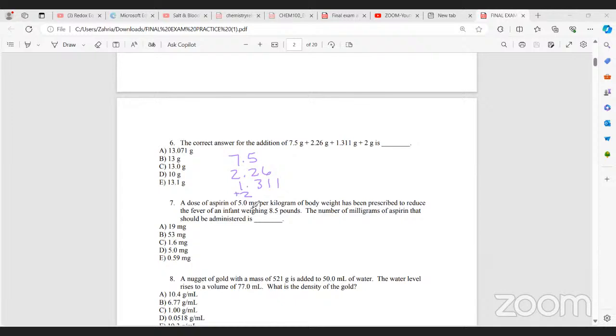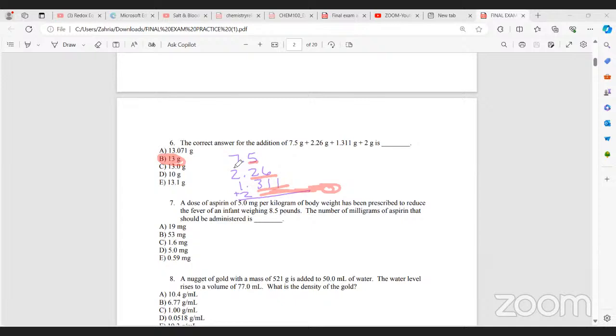Now, if you're adding all those numbers together, what you have to remember is that the significant digit rule says that when you're adding and subtracting, you always go with the least amount of digits after the decimal. We have 1 here, 2 there, 3 here, and nothing at all for the last one. So therefore, we should not have any numbers after the decimal, and we didn't even have to plug this into our calculator to establish the answer.